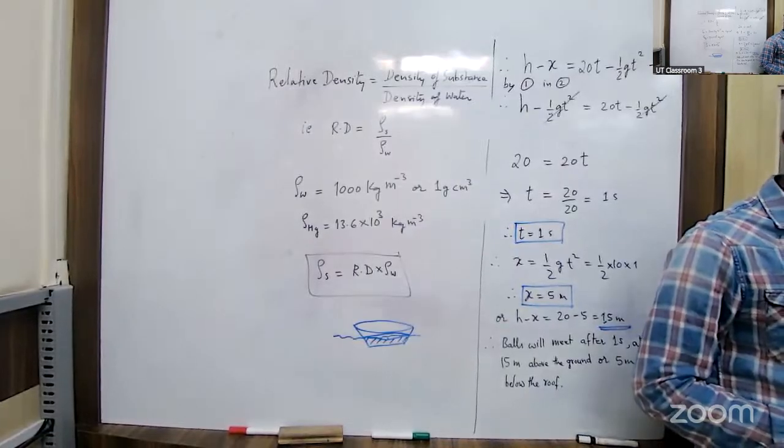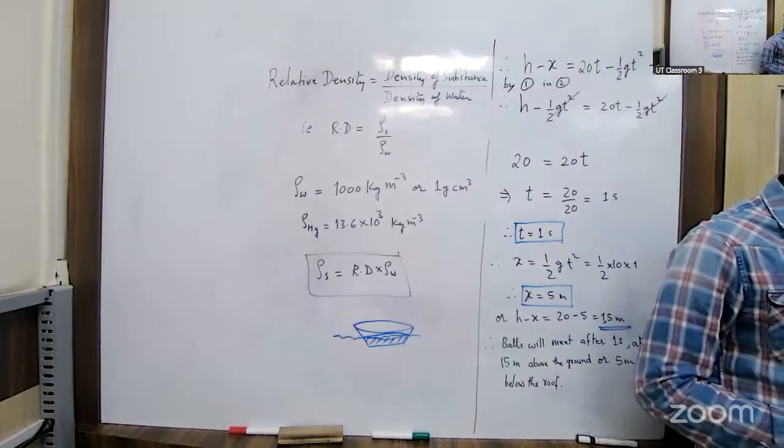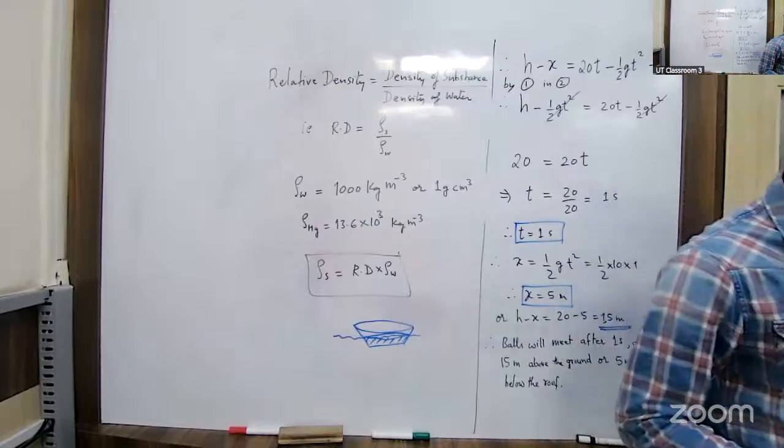The average density of the ship is less than the density of water. That's why it floats. Okay, next.